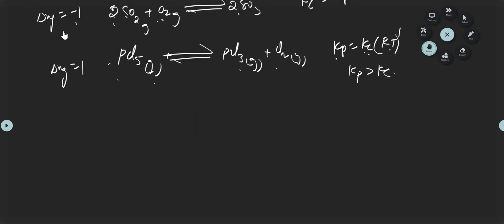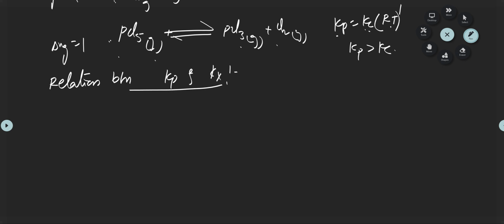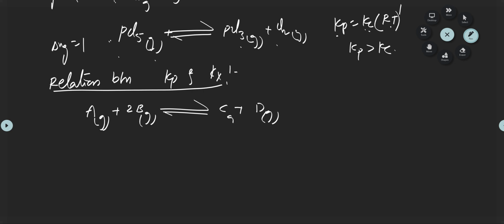Next, the relationship between Kp and Kx, the equilibrium constant of mole fraction. I am taking the equation A gas plus B gas gives C plus D gas.